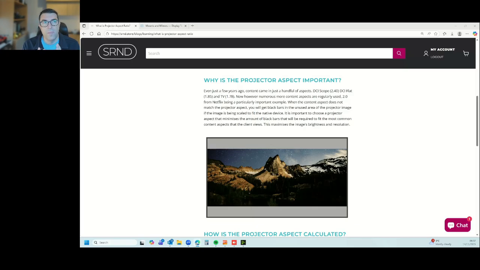So 16:9 is equivalent to UHD. So UHD is in a 16:9 ratio, UHD being 3840 by 2160. That's what you get when you're watching 4K on a 16:9 TV.